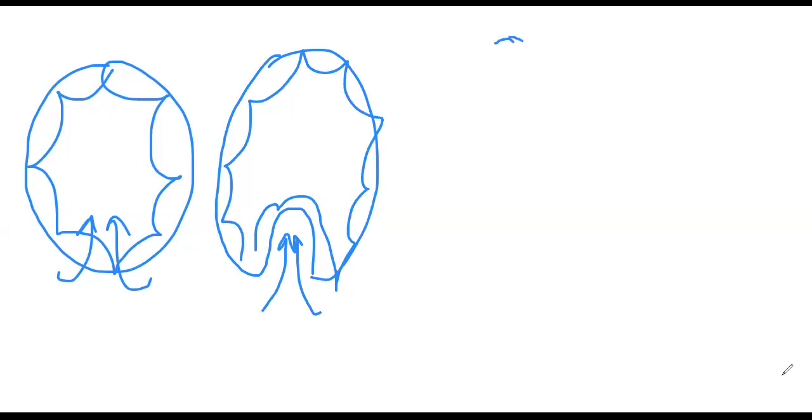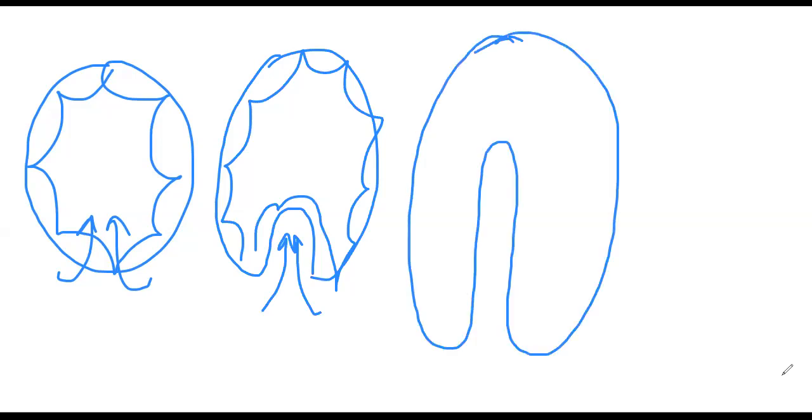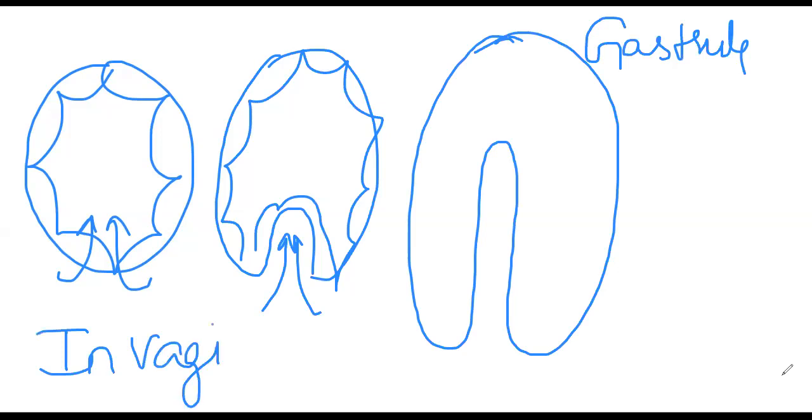So the cells of the blastula are invaginating continuously. That invagination results in the formation of a stage called gastrula. The keyword to be remembered: invagination. Invagination of the cells of the blastula results in the formation of the gastrula.